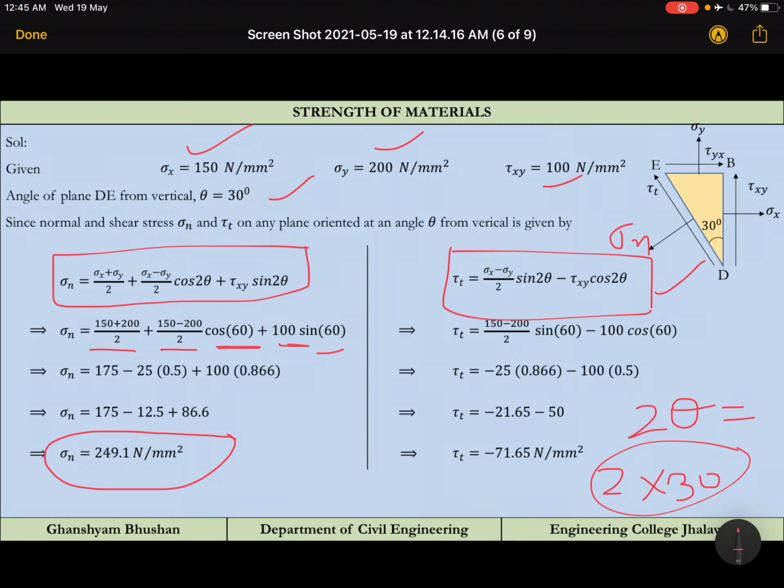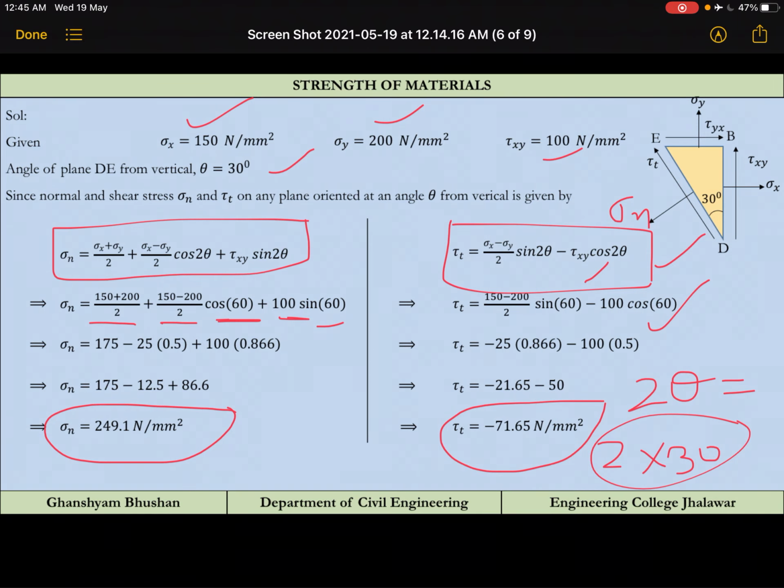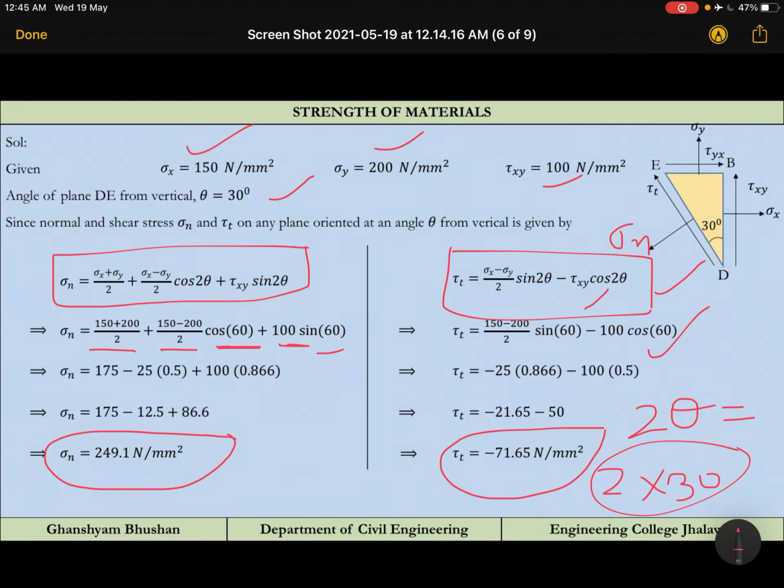Similarly, tau xy is also given. So tau xy is 100, sigma x, sigma y, put the values here, you will get tau t coming out to be minus 71.65 Newton per mm square. So why is this coming negative? That means we have assumed our tau t in this direction, but actually due to the given conditions, tau t will develop in the reverse direction.